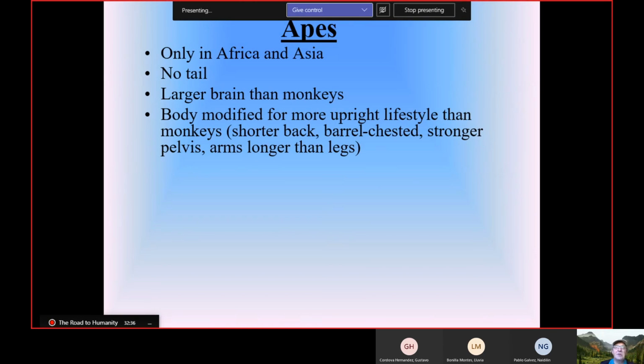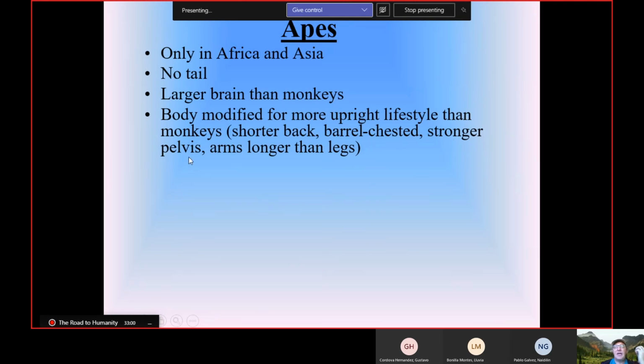And so these different alterations in their body shape, a shorter back, barrel chested, meaning they're more round in the chest like we are. You know how our chest is from shoulder to shoulder, whereas a dog does not have a barrel chest. That's more like a New World monkey.